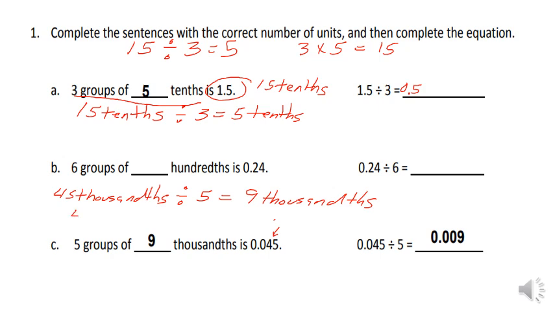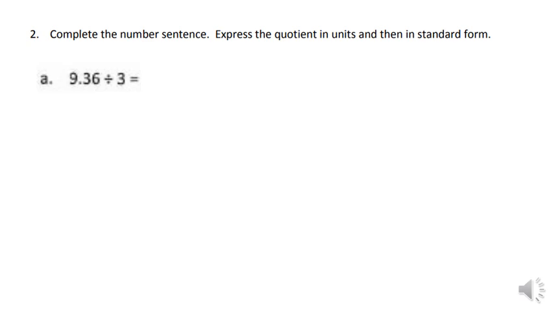So to write it down, 45 thousandths, which we know the 5 would have to go in the thousandths place. So there's 45 thousandths divided by 5 equals 9 thousandths. So we put the 9 in the thousandths place. Same as right there.